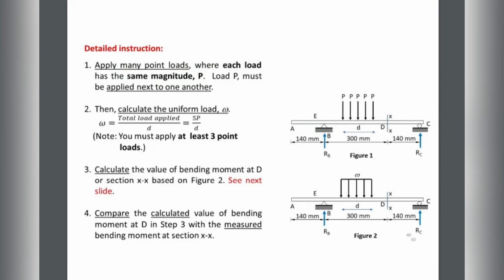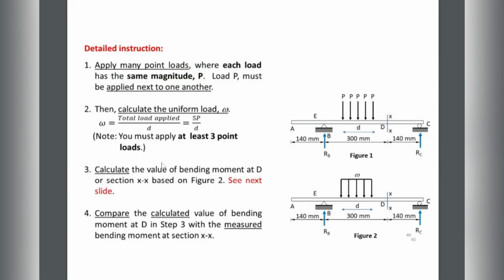And then we calculate the uniform load. For this, we need to apply at least 3 point loads of 200 gram mass, each located 20 millimeters from point A and 40 millimeters apart from each other, at the right of section XX.